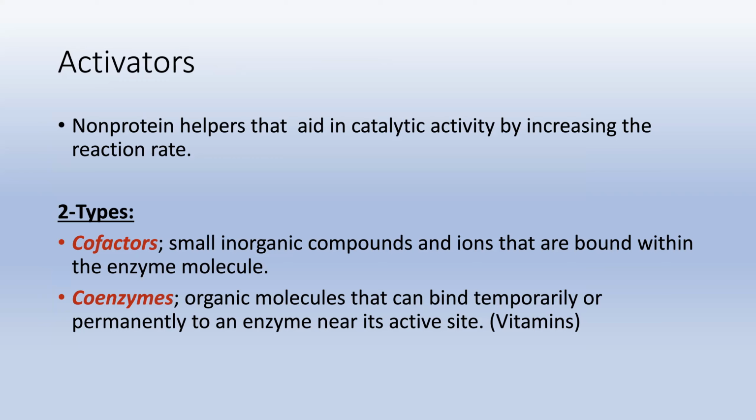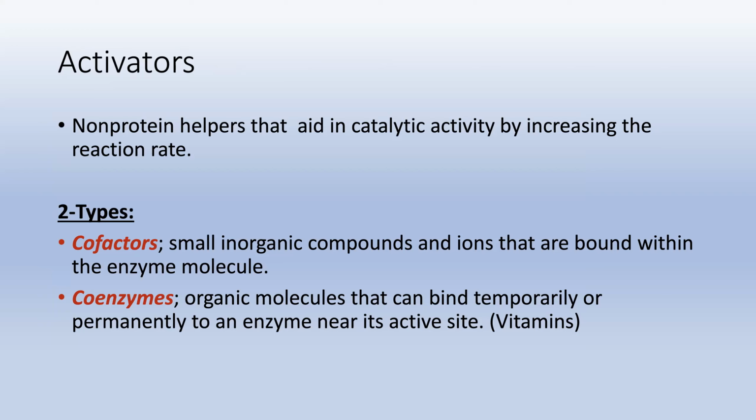So the faster these reactions can occur, the more the enzyme can be used, because if we think back to our last lecture, we know that our enzymes are not consumed in a reaction. So your activator is just simply going to help your active site become faster. And we have two types of activators.